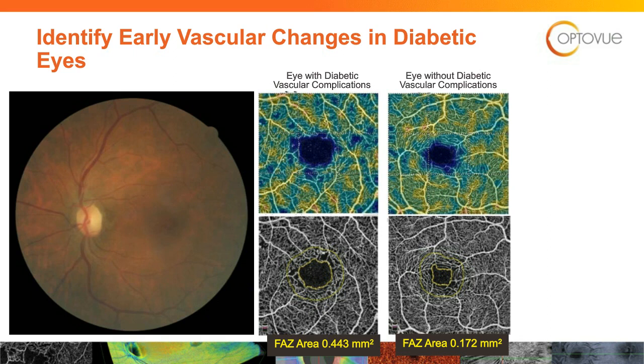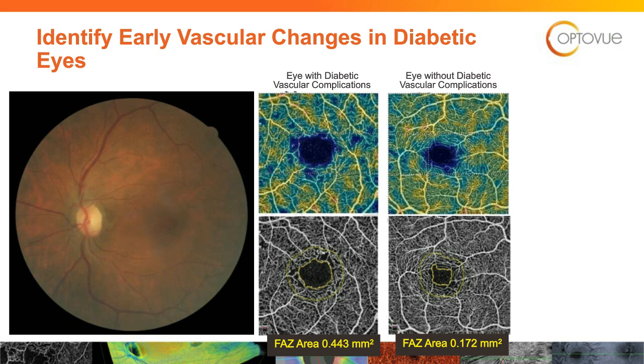Now, in the vessel density map, which is on top, that's what we used to have to try and look at and try and guess what was going on. In the scan down below, because we have AngioAnalytics, you can see that it's able to measure that foveolar avascular zone.